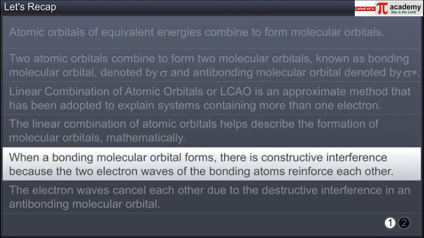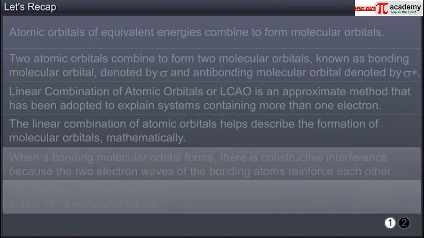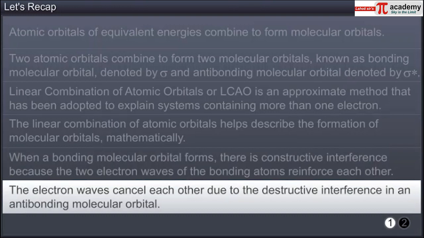When a bonding molecular orbital forms, there is constructive interference because the two electron waves of the bonding atoms reinforce each other. The electron waves cancel each other due to the destructive interference in an antibonding molecular orbital.